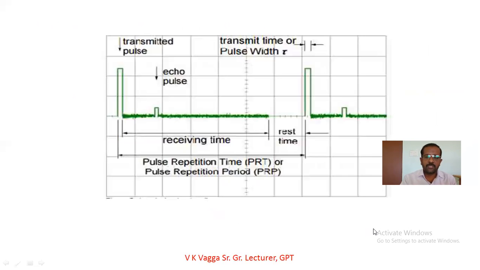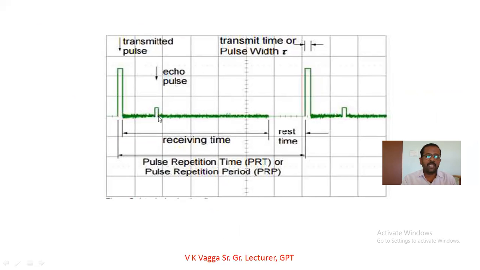It can be understood with the diagram also. See here, this is the transmitted signal. This is the first transmitted signal, and this is the second transmitted signal, and it receives the echo, so you can see this is the echo pulse here.